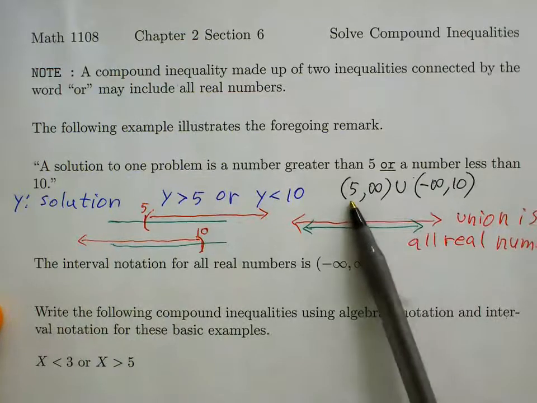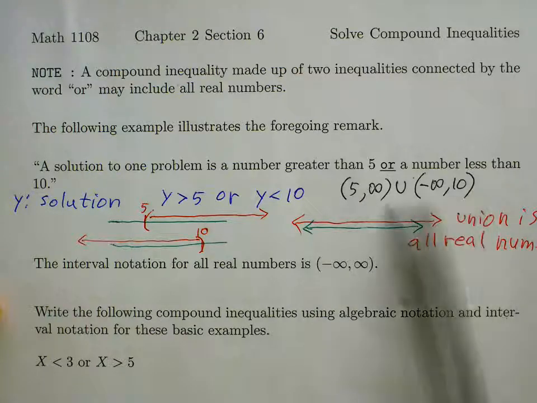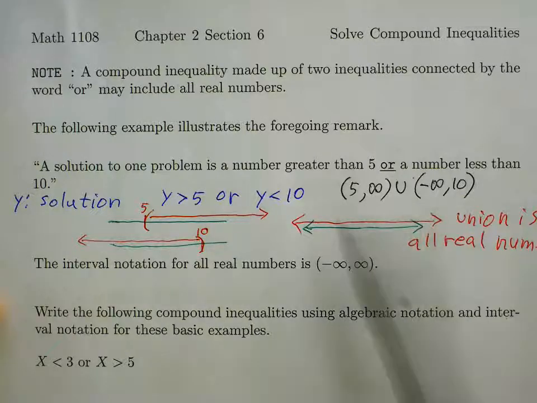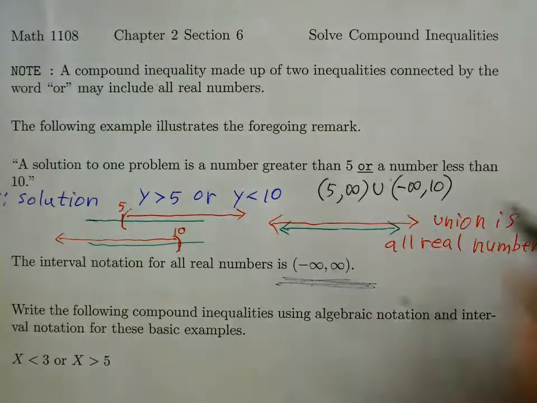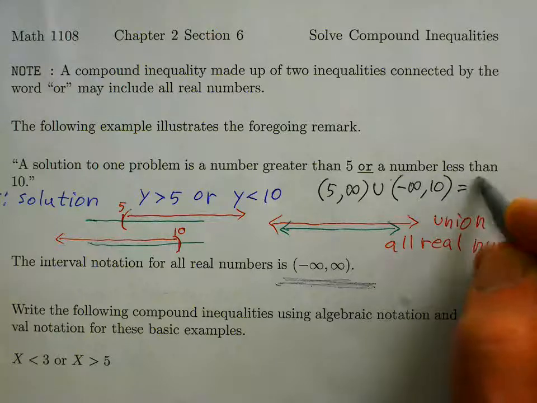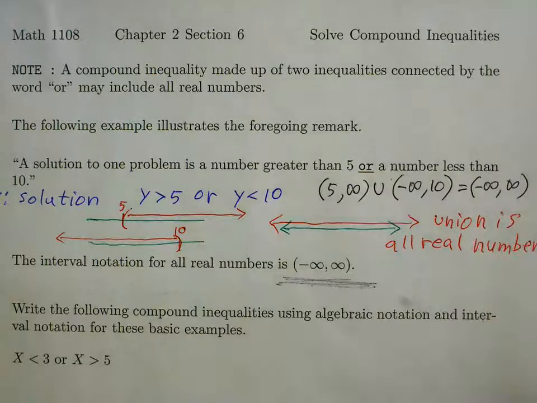Okay, so this is technically correct, but it can be simplified because all real numbers are in that set. So the interval notation for all real numbers is parenthesis negative infinity comma infinity parenthesis. So we would want to write this as parenthesis negative infinity comma infinity parenthesis for all real numbers.